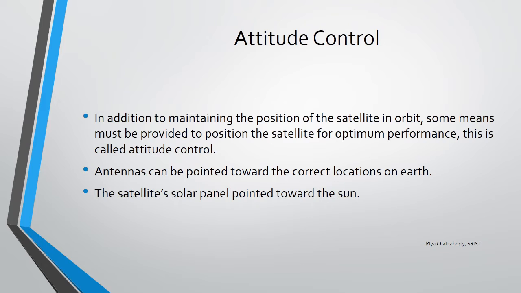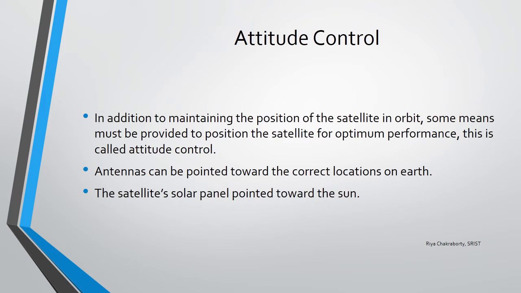So, what is attitude control? In addition to maintaining the position of the satellite in orbit, some means must be provided to position the satellite for optimum performance. This is called attitude control.